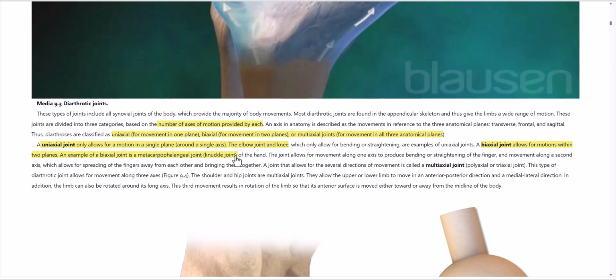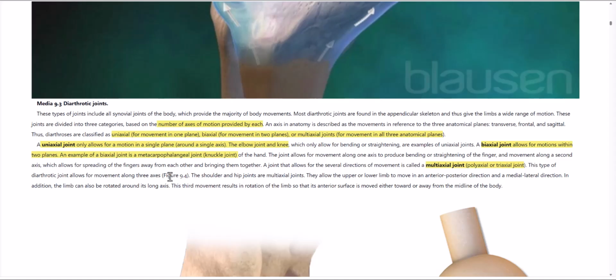And then finally, there are the multiaxial joints. And some books might call them polyaxial or triaxial, but I'll be using the word multiaxial. And this is by far the majority of your diarthrotic joints. They're moving in many different axes. Take that back, not the majority.